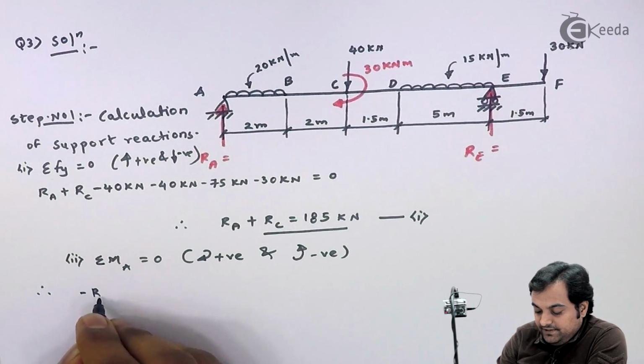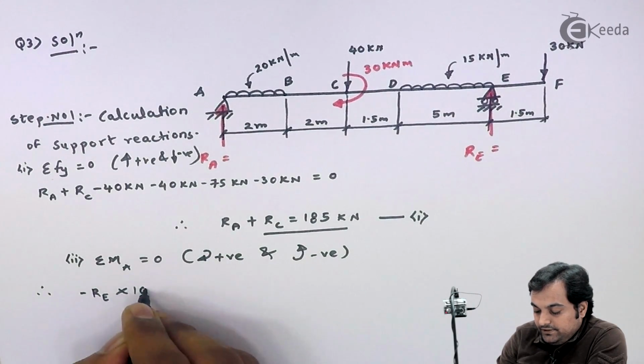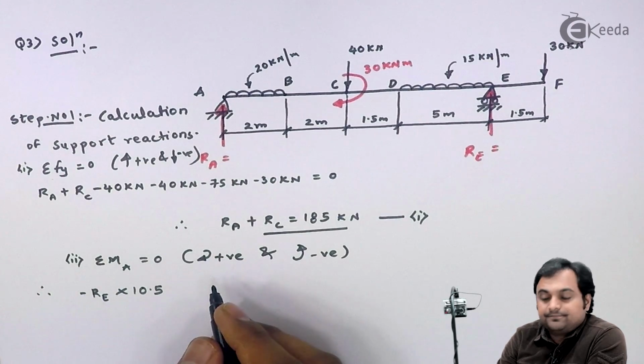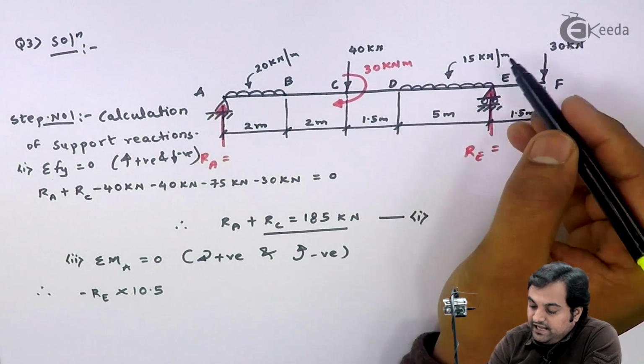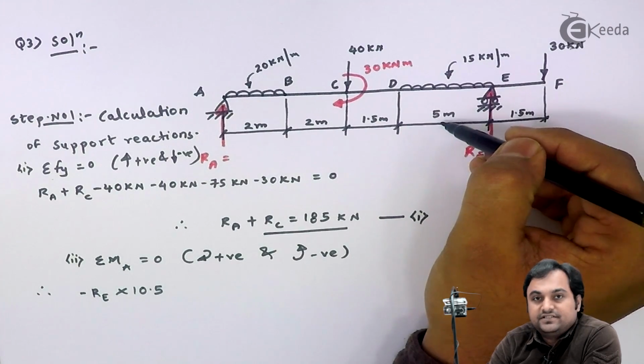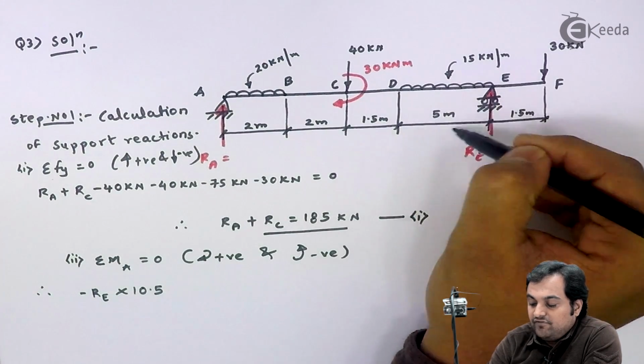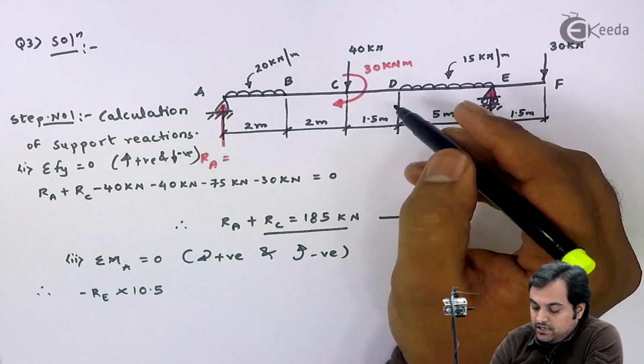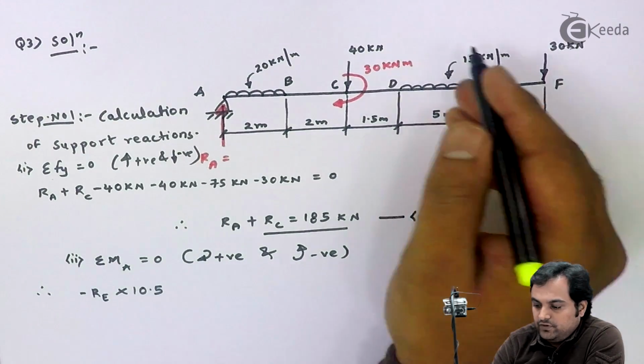So minus RE into 10.5. Then here I have 15 into 5, that is 75, acting at half of 5, that is 2.5, and it is in the downward direction, so clockwise moment.